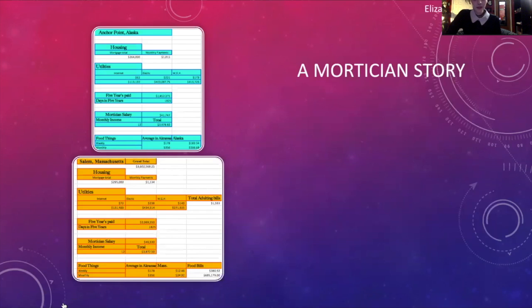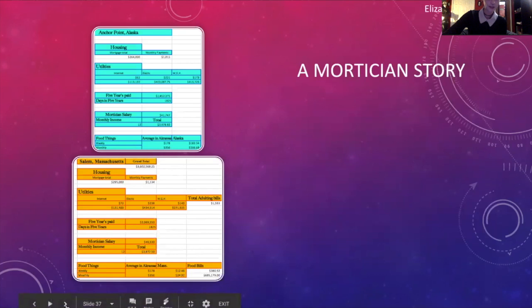And then in Salem, Massachusetts, the annual is $46,530 versus the monthly of $3,877.50. So, throughout those 3 states, which seem like vastly different portions of the United States, salary-wise, starting off, they're roughly in the same ballpark, which I found pretty shocking.